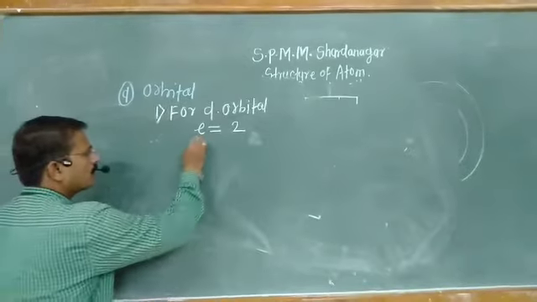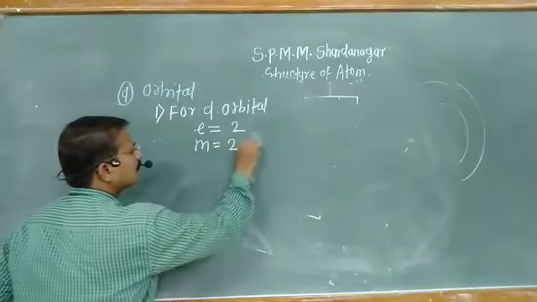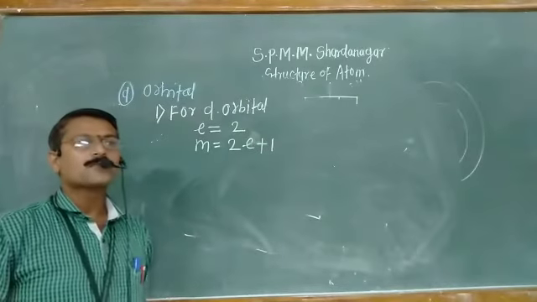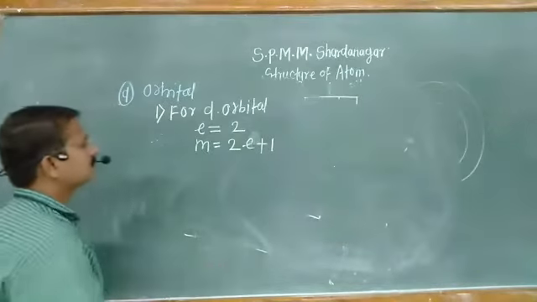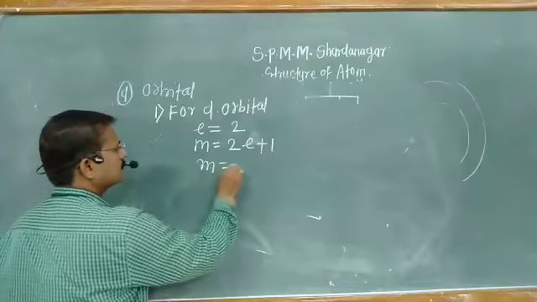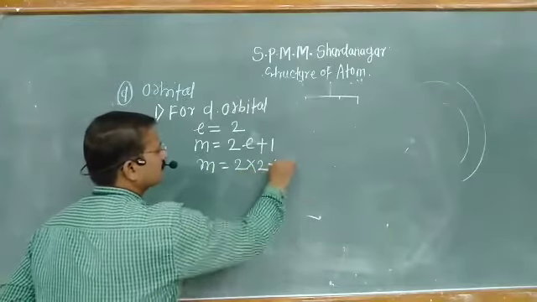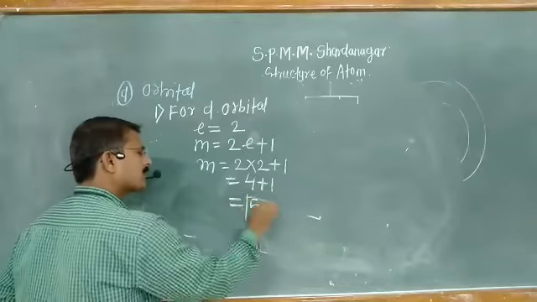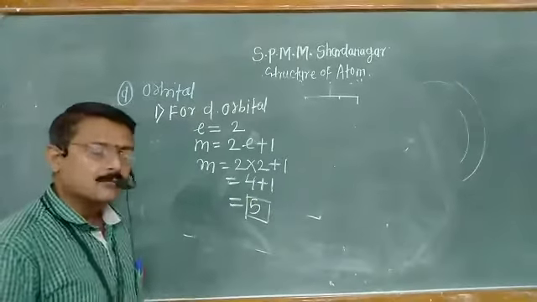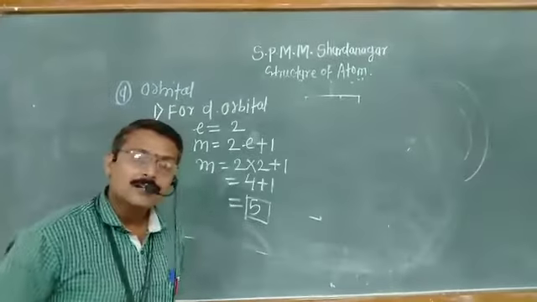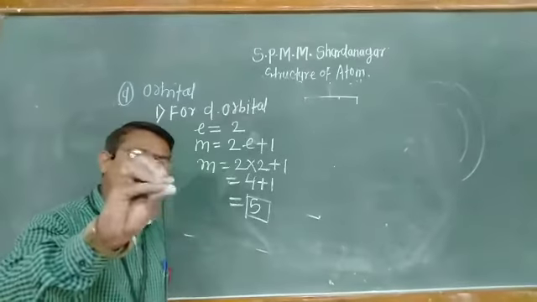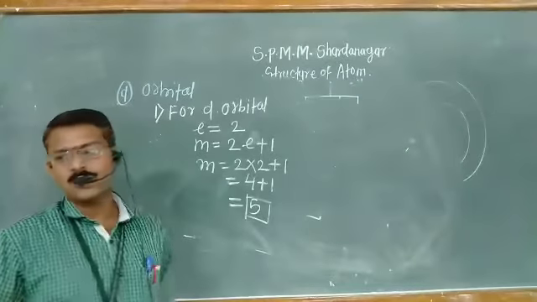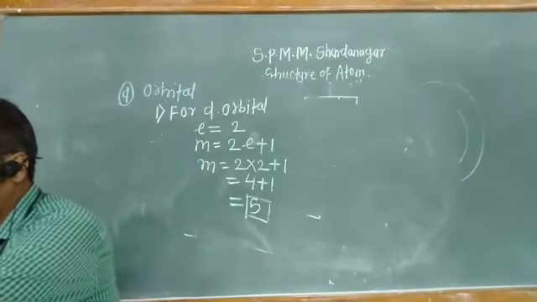And what about the value of the magnetic quantum number? How to determine it? That is by using the value of the azimuthal quantum number: 2L plus 1. So we write m equals 2 into 2 plus 1, that is 4 plus 1, equal to 5. This says that the d orbital is 5-fold degenerate.